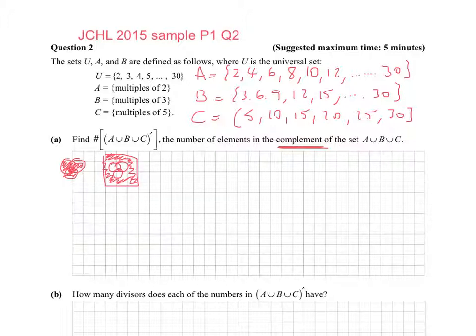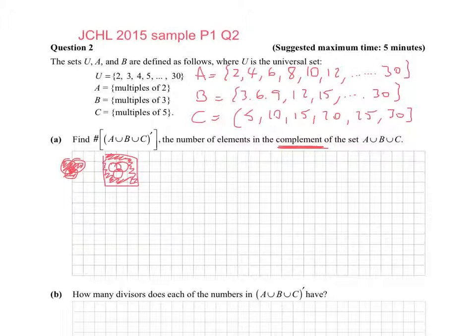So with all the numbers from 2 up to 30, it's a case of identifying which numbers aren't in any of them: which aren't even, aren't multiples of 3, and aren't multiples of 5. It's just a case of going through all the numbers. Start with 2, then 3, then 4, then 5, and work your way through.